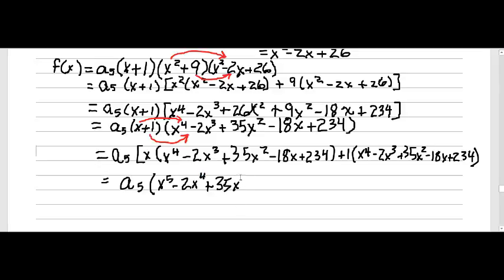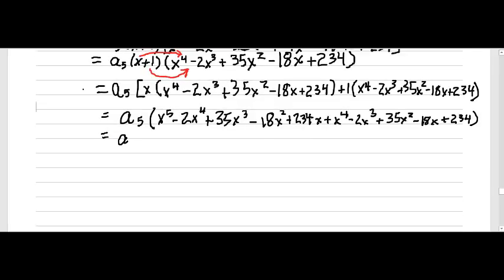And there should have been a bracket on the end of that. So when I multiplied that x by that polynomial, I get what you see written. And when I multiply by 1, I just get that polynomial again. And now I need to combine my like terms. And notice negative 2x to the fourth plus x to the fourth is negative x to the fourth.